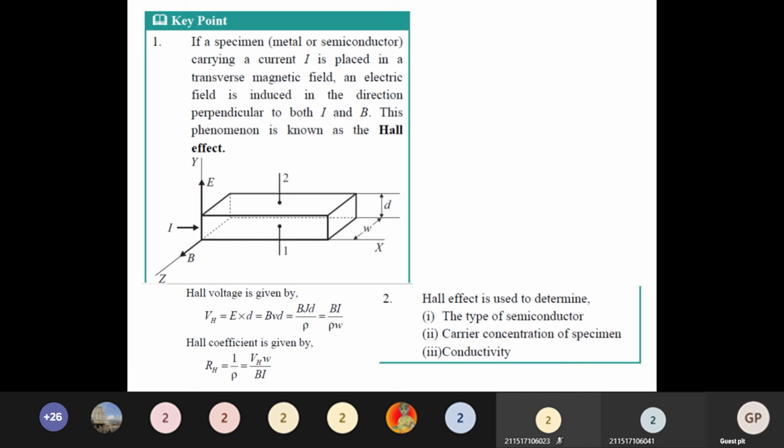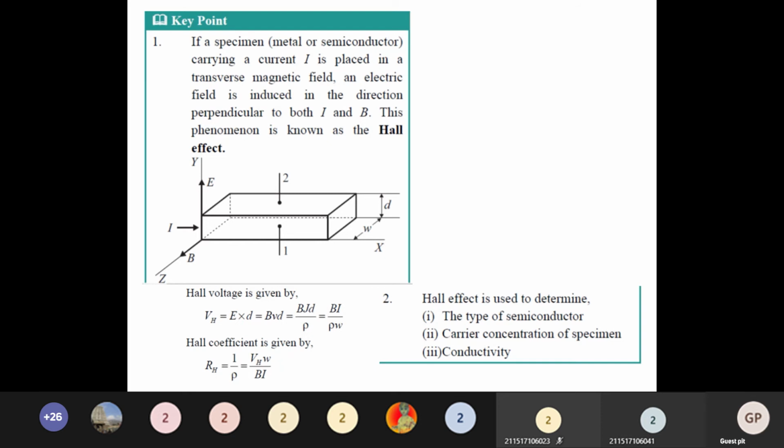Okay, so first one is, if a metal or a semiconductor, that is our specimen, carrying a current I is placed in a transverse magnetic field, an electric field is induced in the direction perpendicular to both I and B. This phenomenon is called the Hall effect.